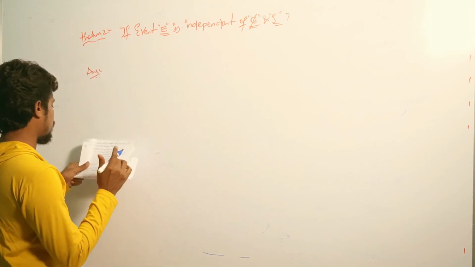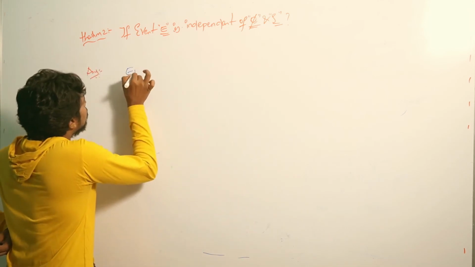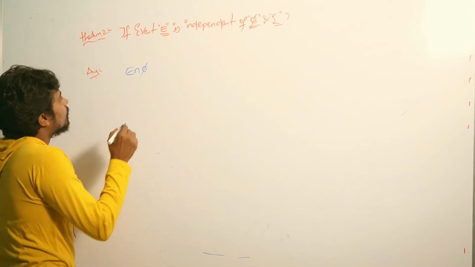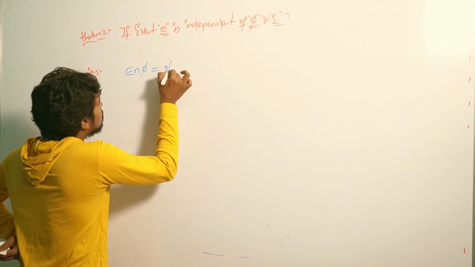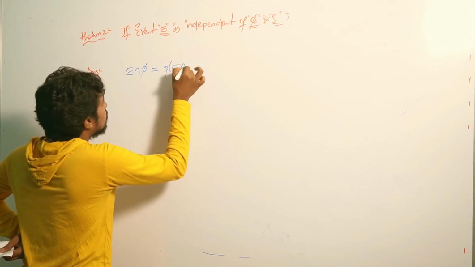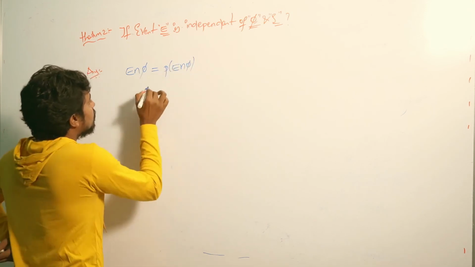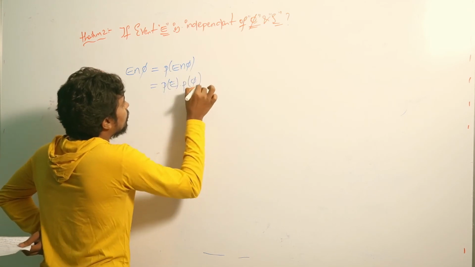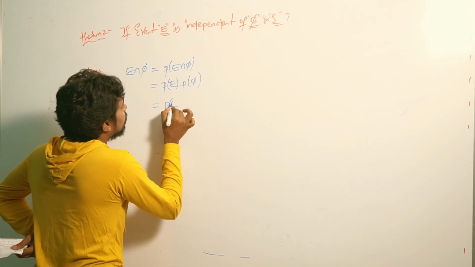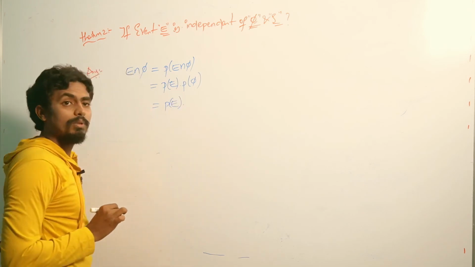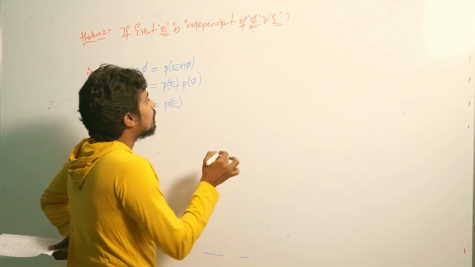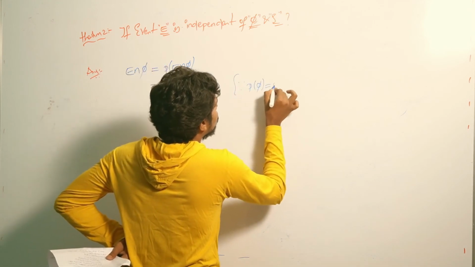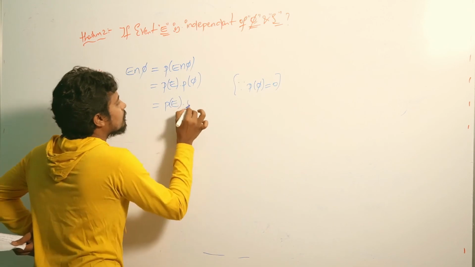If you want to take E intersection phi and apply the probability, this will be the P of E intersection phi, which is P of E into P of phi. What is the P of phi value? That will be 0. P of phi is equal to 0.